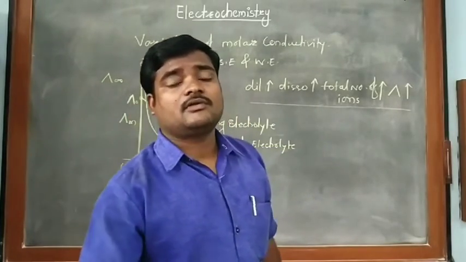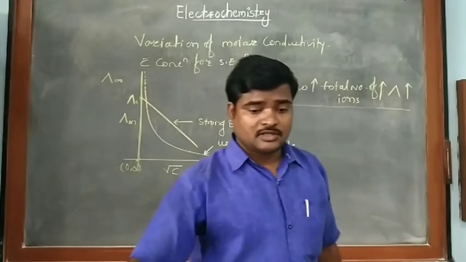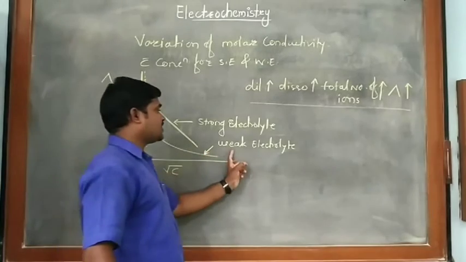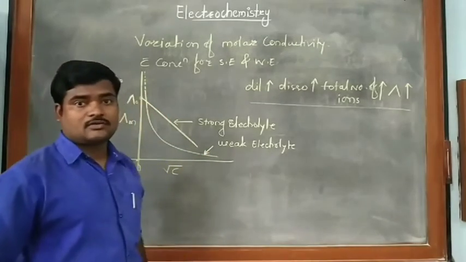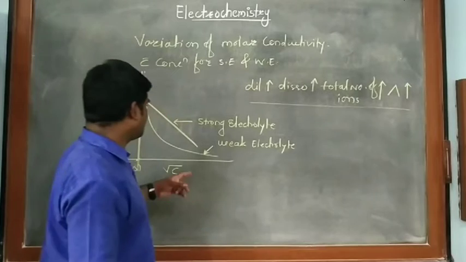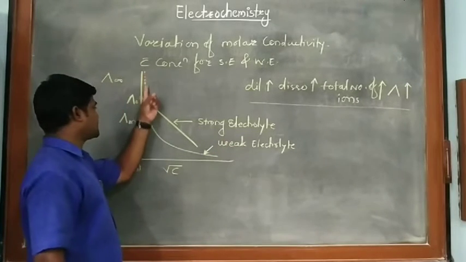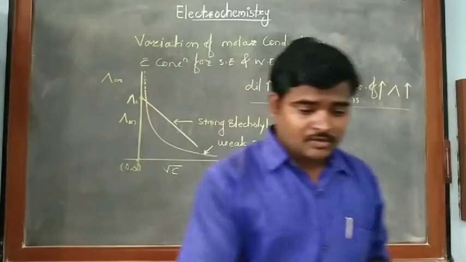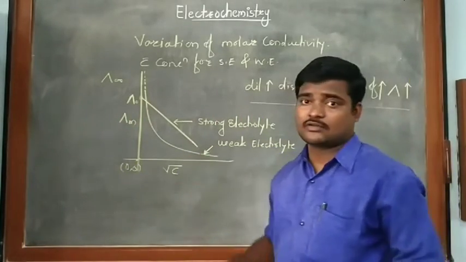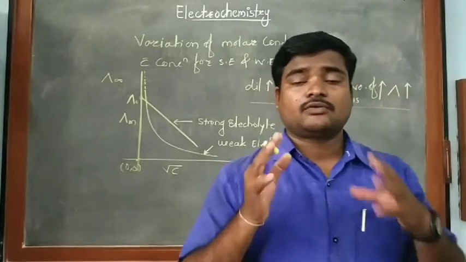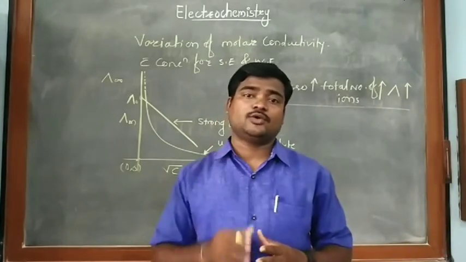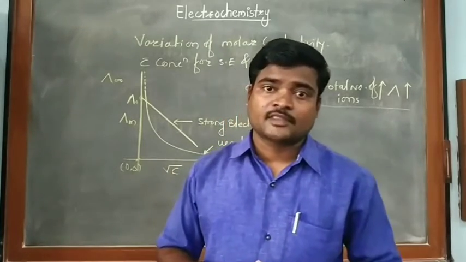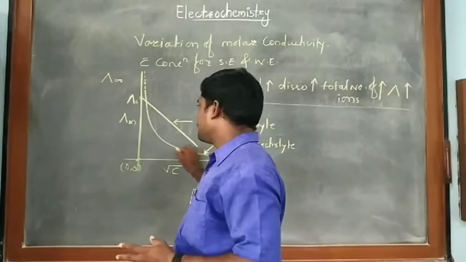That we will learn in our next video lecture. So this is about the second graph, the curve for weak electrolytes, which is the exponential curve. If you dilute that weak electrolyte, as the dissociation will not take place completely, it shows the exponential nature.